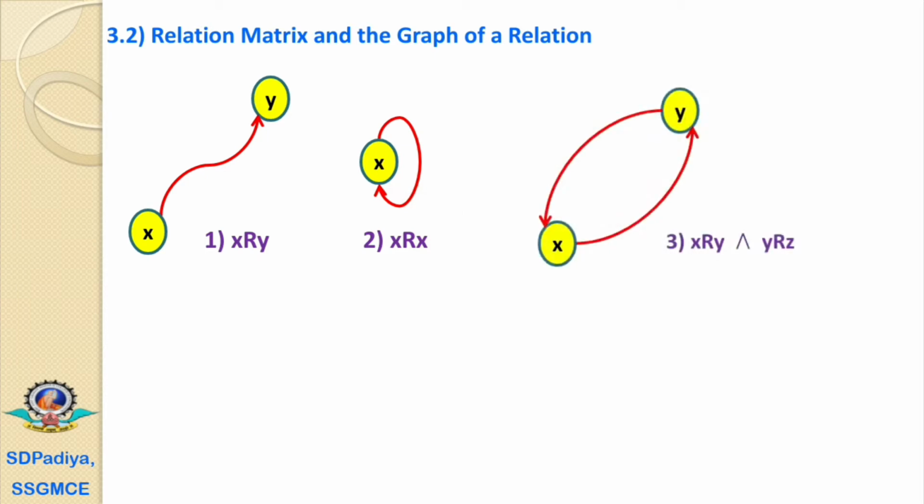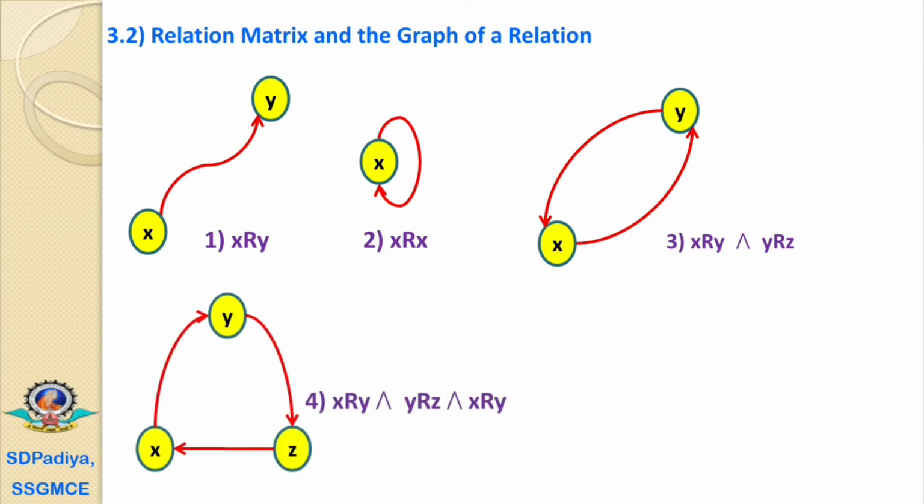The next example is that x has a relation R to y and y has a relation R back to x. Here you can see that x has a relation to y and y has a back relation to x.